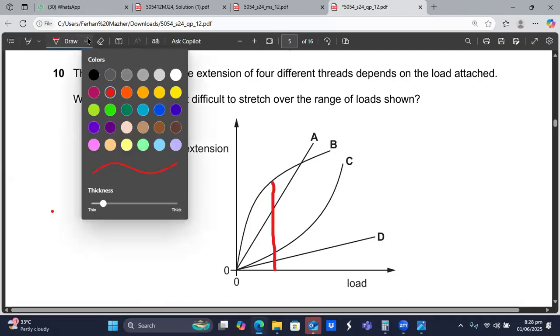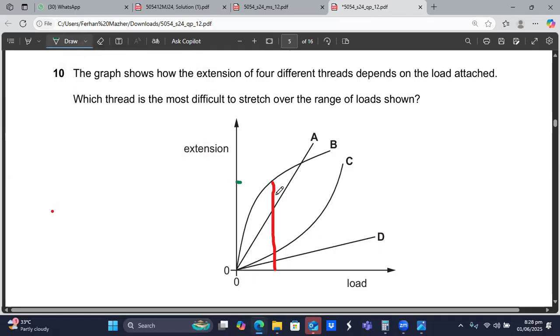So you see in the body A, this much extension has been produced. In the body B, this much extension is produced. In the body C, this much extension is produced. And in the body D, I think this much extension is produced.